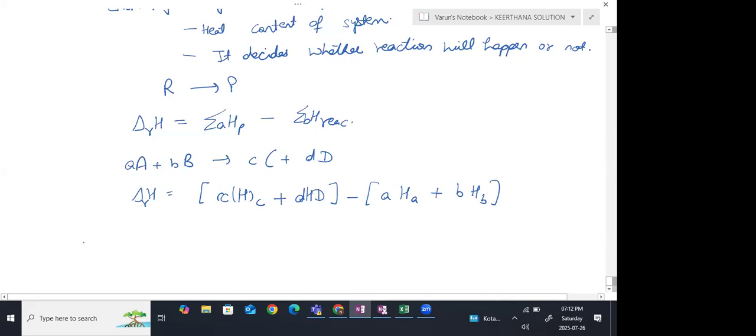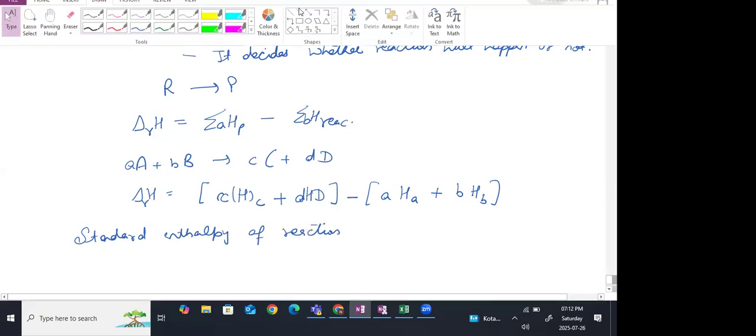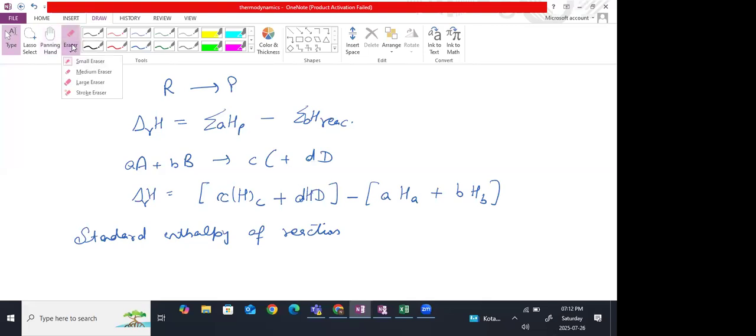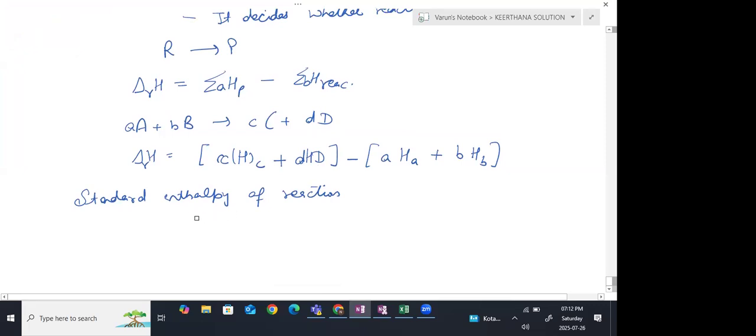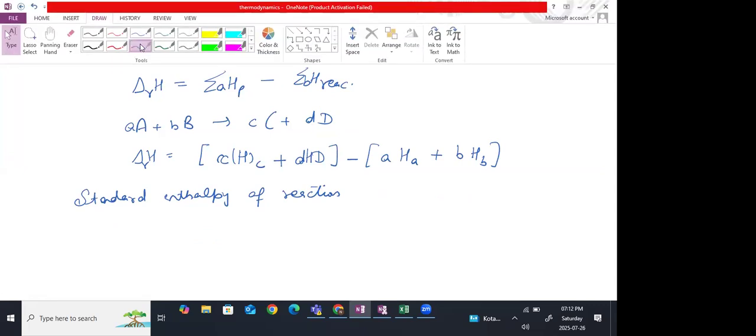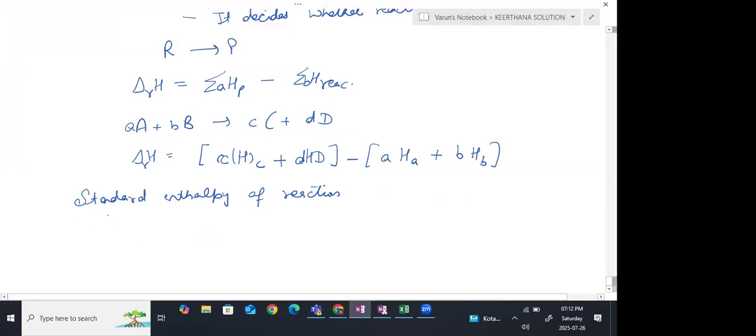Now the next term that I came to is standard enthalpy of reaction. Now, what is this standard? Basically, when the conditions are in standard state, like 1 molar, at standard temperature, at standard pressure, then I say that my enthalpy of reaction is standard.